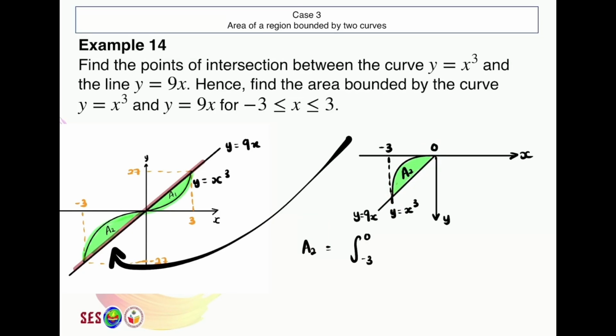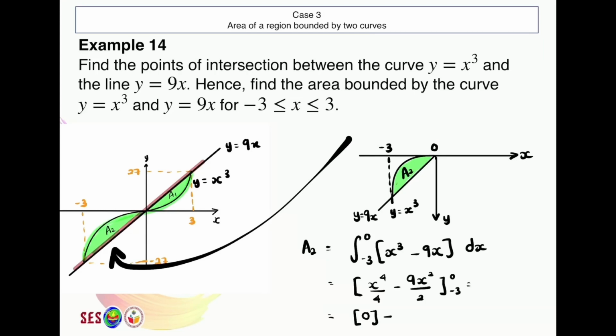And so you'll get this. You'll integrate the whole thing with respect to x. Simplifying further, this gives you area 2 equals 81 over 4 units squared.